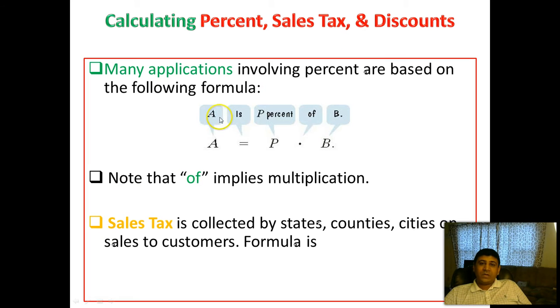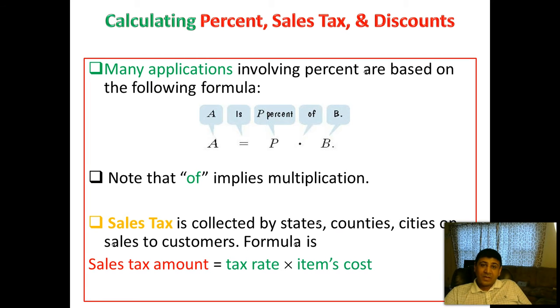We will see how this formula applies. I have a couple of slides coming up. Sales tax is collected by Uncle Sam, states, counties, and cities, and the formula for that is basically this same thing again. The sales tax amount is the tax rate times the cost of the item you purchase.